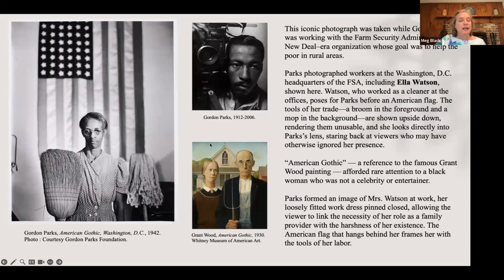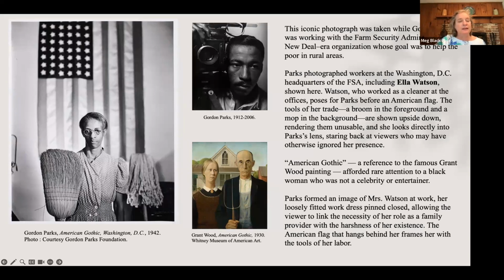But the idea behind it was not to show so much a discrimination, in his words when he talked about this painting. What he said was it was to show the strength of this woman, that she had so much riding on her shoulders and was able to support her family, basically by being a washerwoman in Washington during World War II.